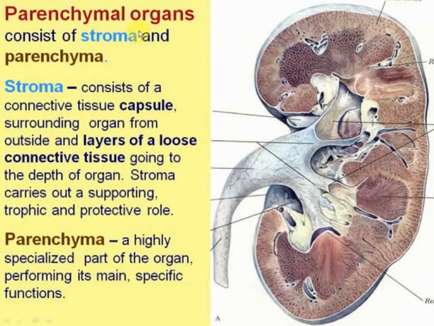Parenchymal organs consist of stroma and parenchyma. Stroma consists of connective tissue capsule surrounding the organ from outside and layers of loose connective tissue going to the depth of the organ.